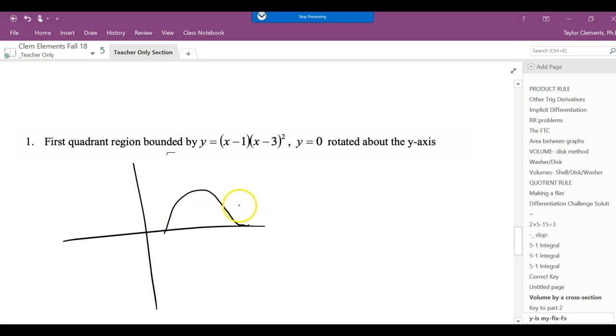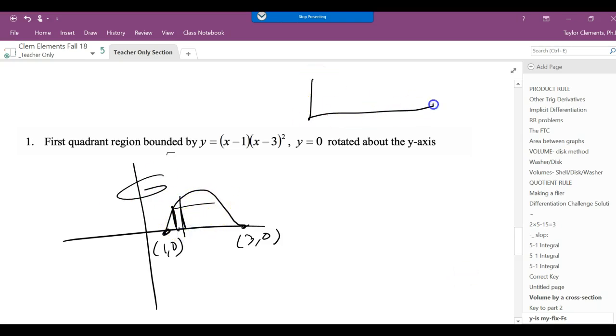Around the y-axis, let's see, these points are 1 and 3. So 1, 0, and 3, 0. And around the y-axis, well, because this is one of those funny ones where we couldn't do washer on this, so we're going to use shell.